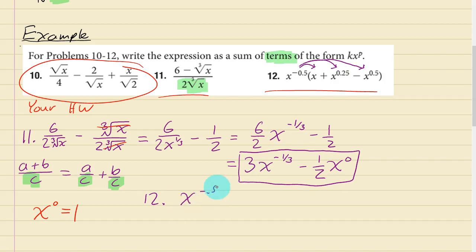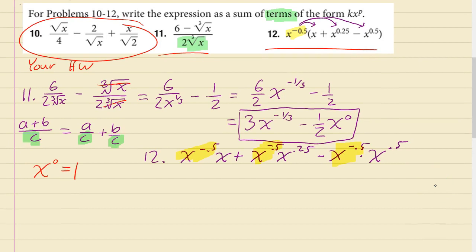So we got x to the negative 0.5 times x, that's the first one, plus x to the negative 0.5 times x to the 0.25, that's the second one, minus x to the negative 0.5 times x to the positive 0.5. So I just took this thing and multiplied it by each of the three terms in there.